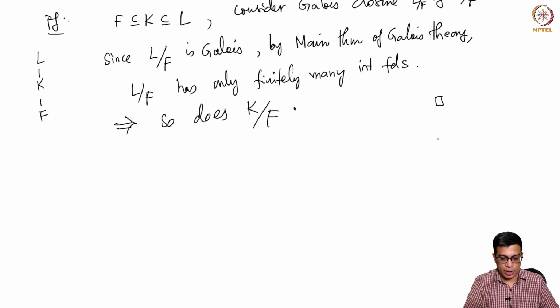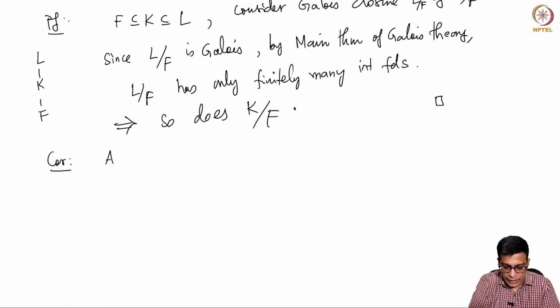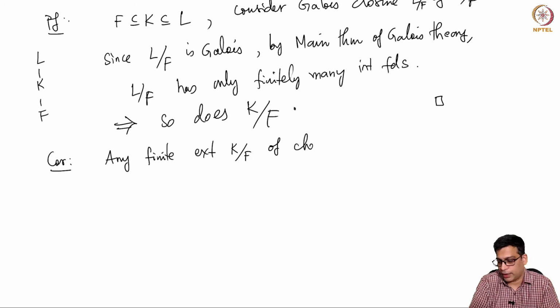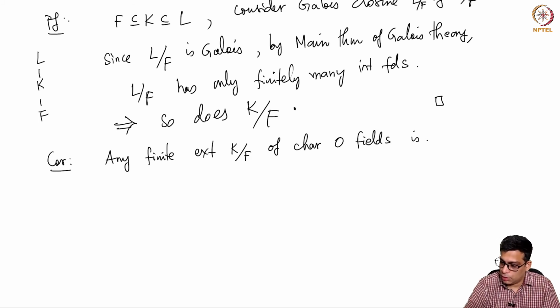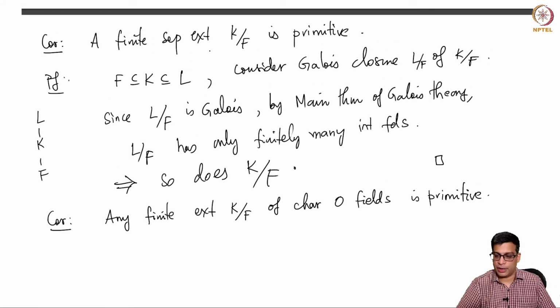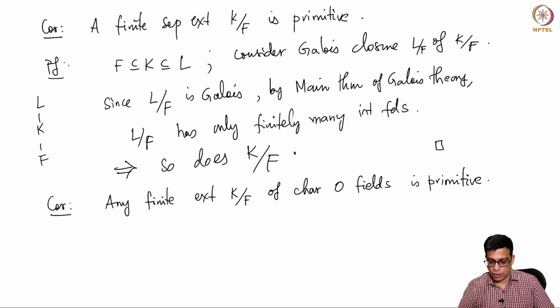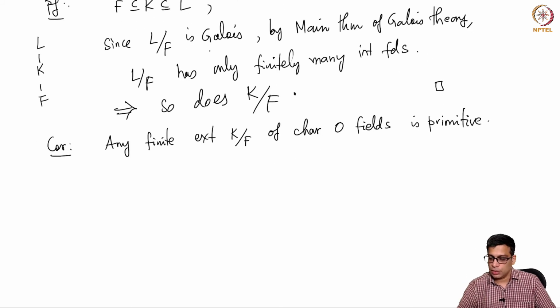And finally, the last corollary: any finite extension K over F of characteristic zero fields is primitive, because separability can be dropped. The word separability can be dropped from the previous corollary because we have characteristic 0 fields.